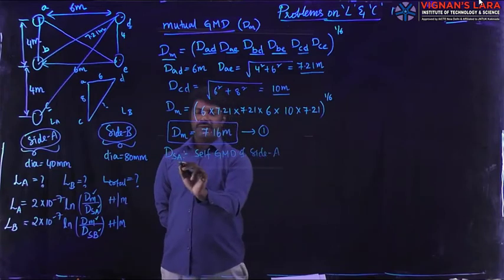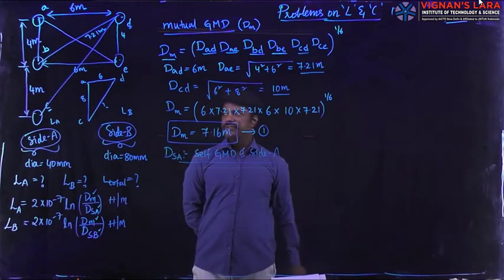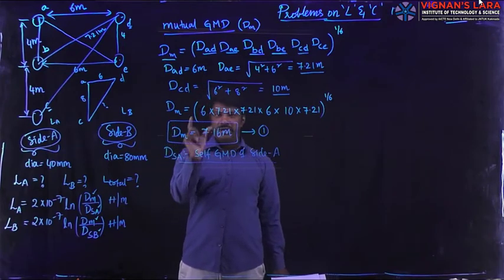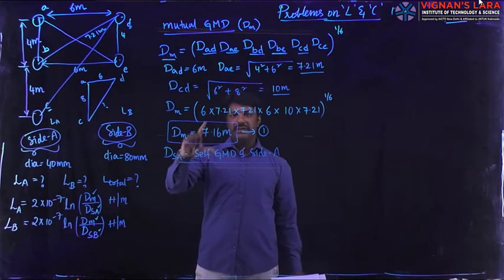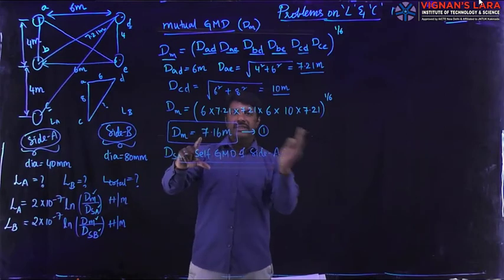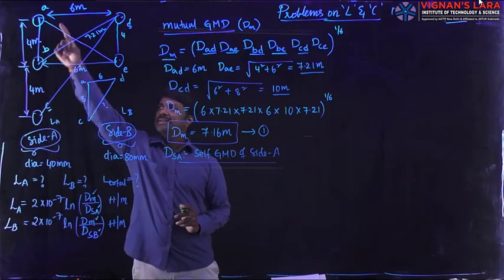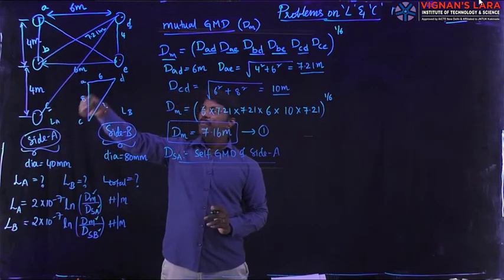One should be careful here to calculate the self GMDs. You have to identify the possible distances only within that phase itself, that side itself. You should not go for the other side. So if you check side A, 3 conductors are there, which have possible distances.